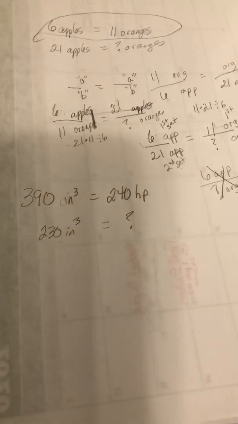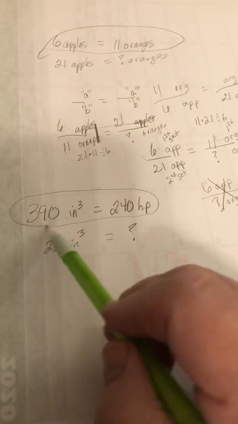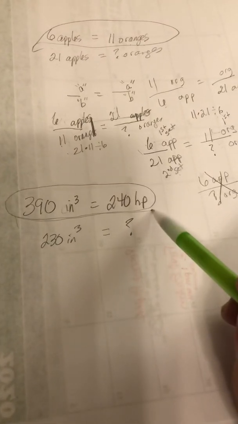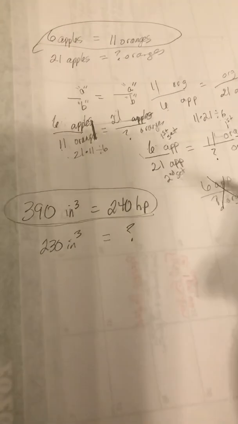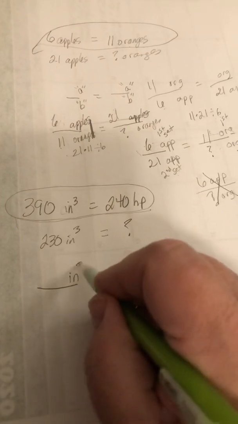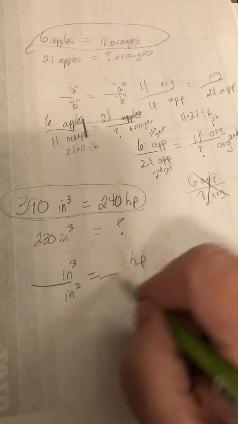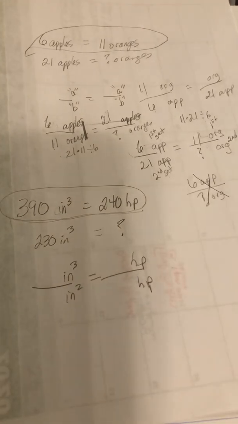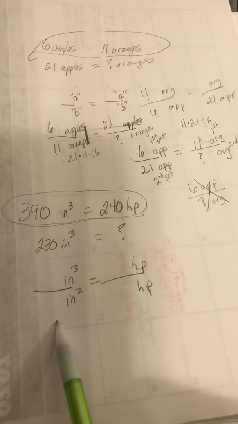So down here with the horsepowers and the cubic inches, since they said that 390 cubic inches is producing 240 horsepower, that's one fraction that we could put. And again, you can either put all of your inches cubed in the same fraction, and then your horsepowers in the same fraction, and then make sure that the numbers that you put in here connect.